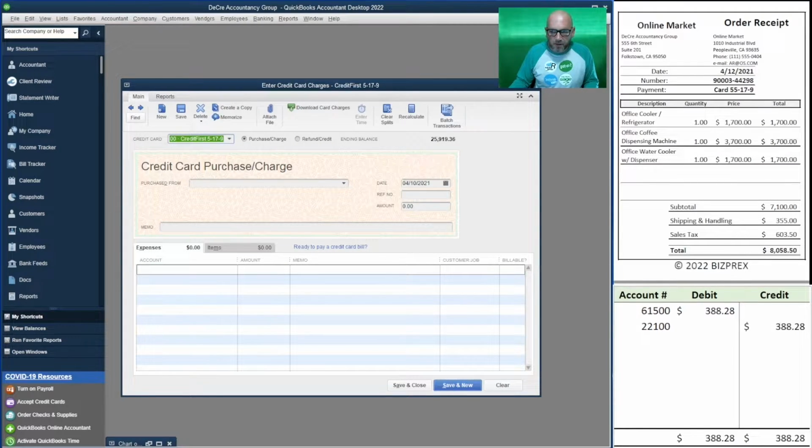One more. And again, we have office cooler refrigerator, office coffee dispensing machine, office water cooler dispenser. All right, so we're getting some equipment. All right, let's book that accordingly.